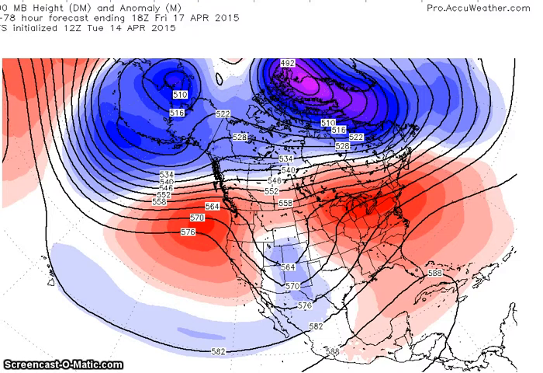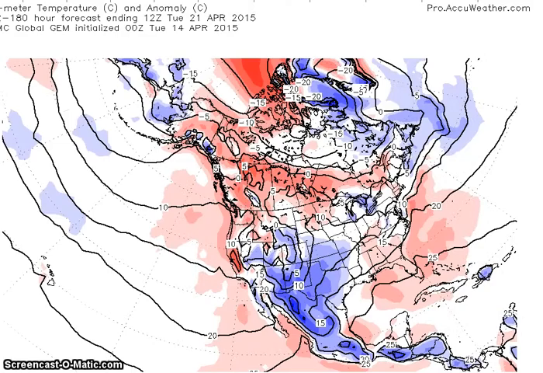Let me show you the temperature anomalies. We forecast temperatures to be about 10 to 15 degrees below normal in the Southwest and southern Plains, with anomalies about 10 to 15 degrees above normal across much of the nation.